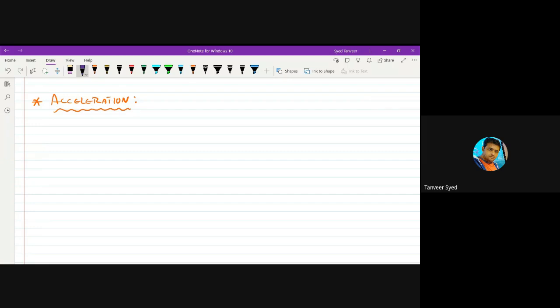We have something called an accelerator in vehicles. If you raise this accelerator, what happens? The speed increases.